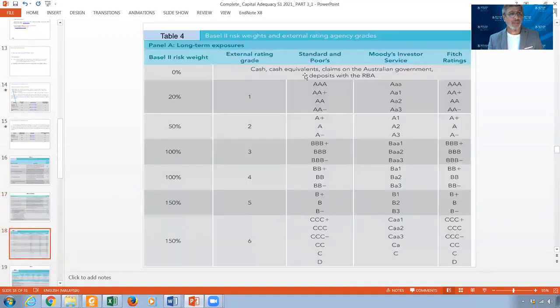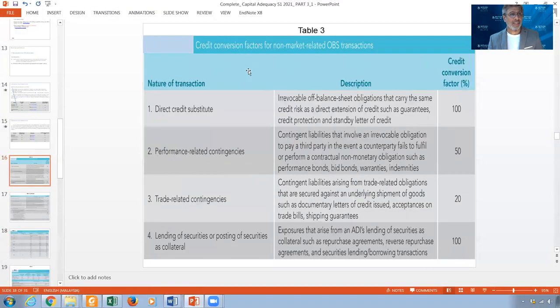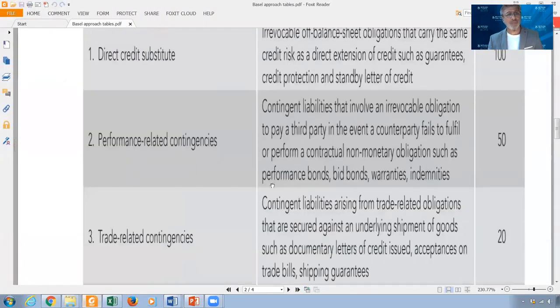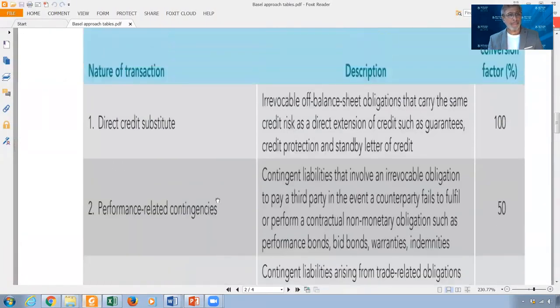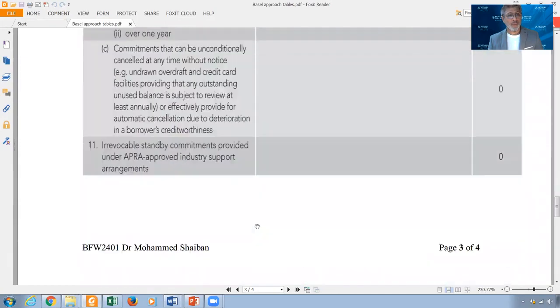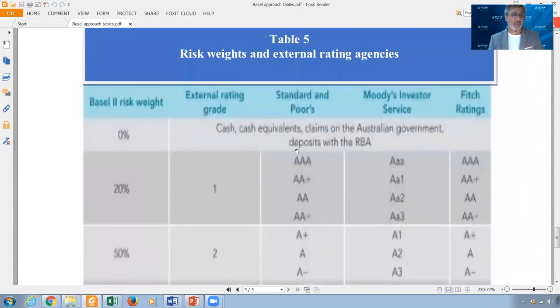You can see I put it as table 4. But in the tables that you will use always, we call it table 5. But anyway, it's for the risk weights. So I will keep using just those tables. So on table 5, these are the tables that will be given to you in the exam.